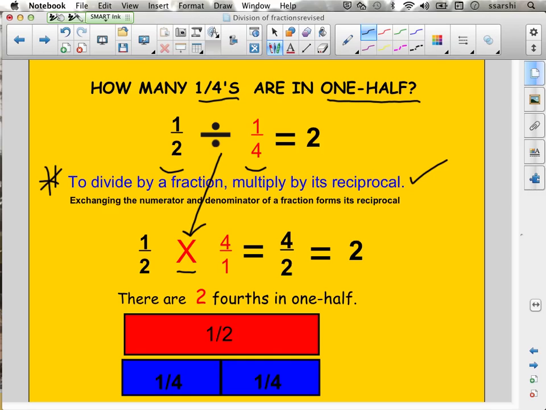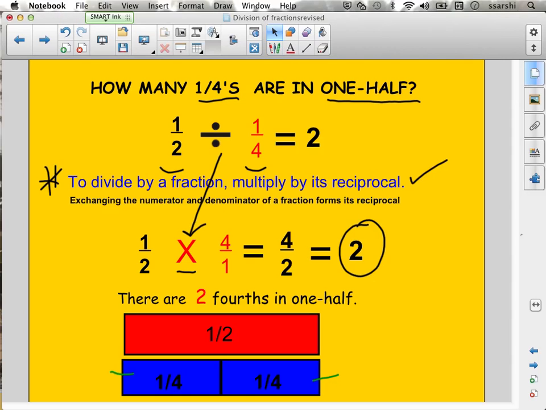You simplify. Our answer is 2. And here you can see it pictorially. There are 2 quarters that will cover 1/2. Or if you divided, how many 1/4s are in 1/2? The answer shows you here. It is 2.